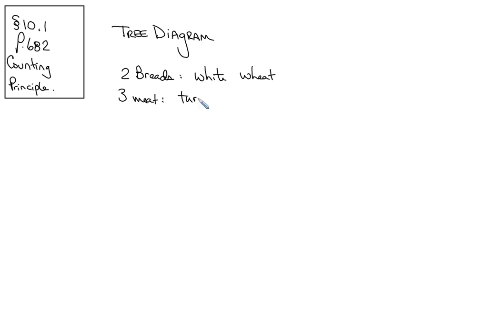So you can have turkey, you could have ham, and roast beef. And let's say there are two different kinds of condiments. All right, guys, mustard and mayo.